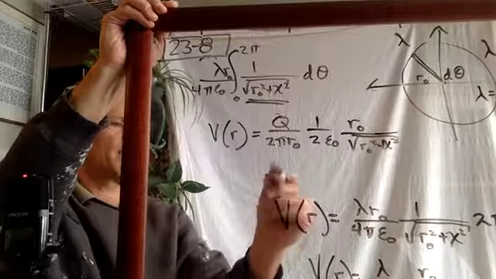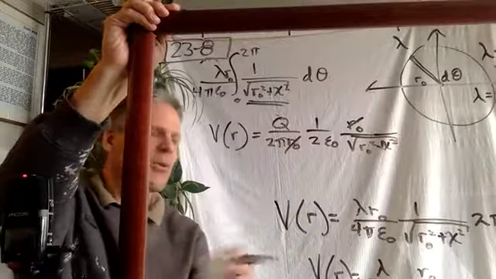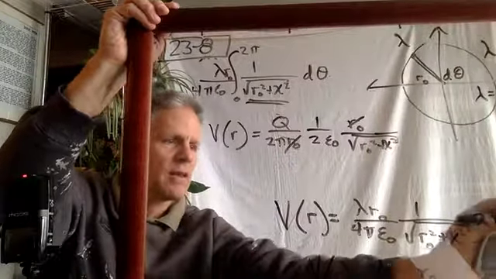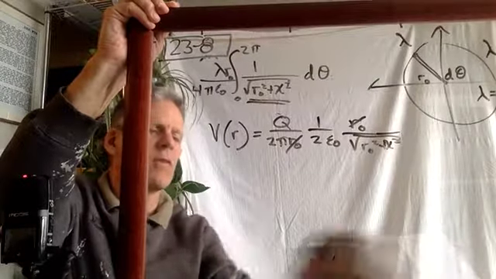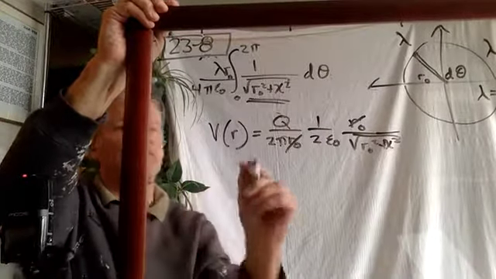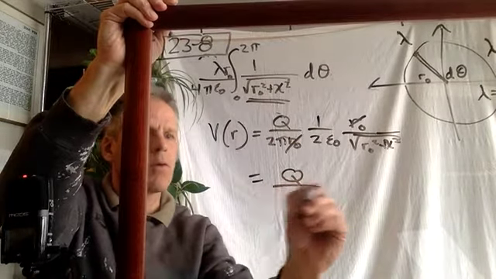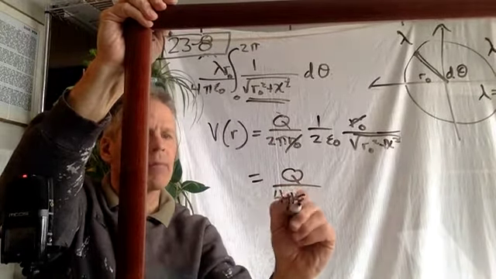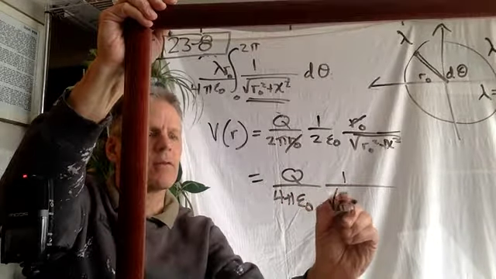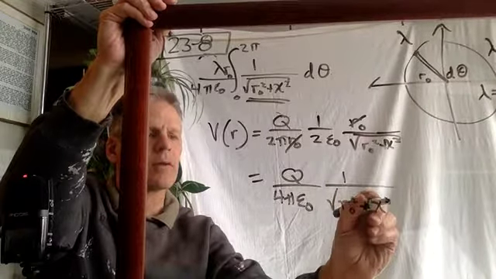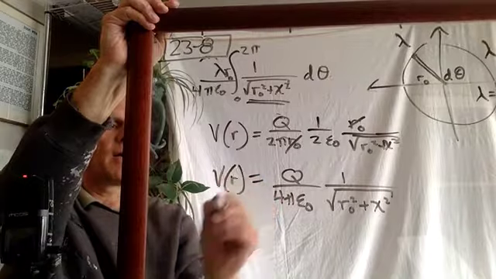R0 cancels with R0, and now we get to an expression. So Q over 4 pi epsilon 0, 1 over square root of R0 squared plus X squared. Okay, and this is our V of R.